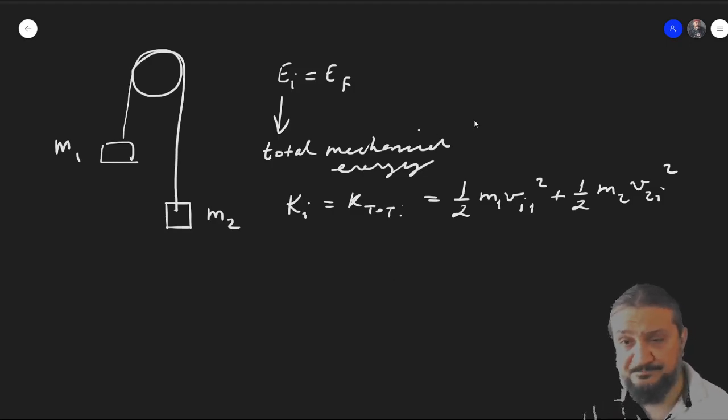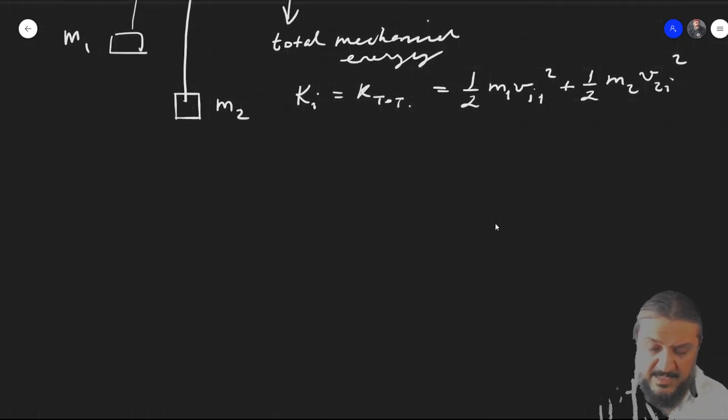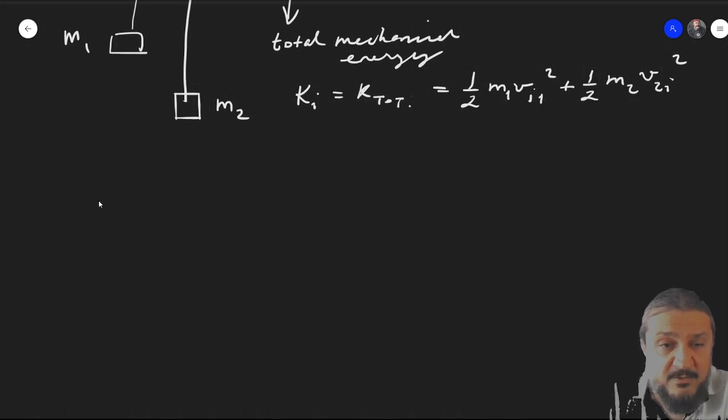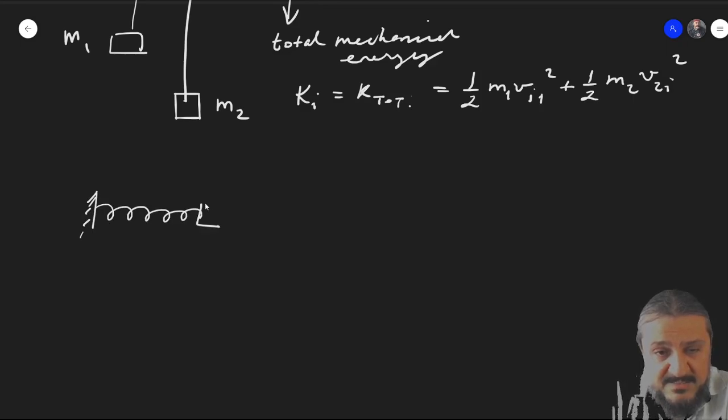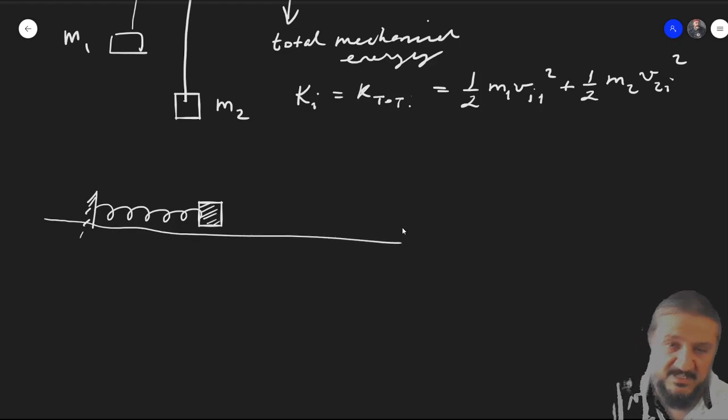Okay, so we solved the gravitational potential energy, mgy. What about springs and the elastic potential energy? Now let's remember Hooke's law again. The simplest example you can think of is just a spring attached to a wall, and this side is attached to a mass. And then this may be resting on a frictionless surface for simplicity.